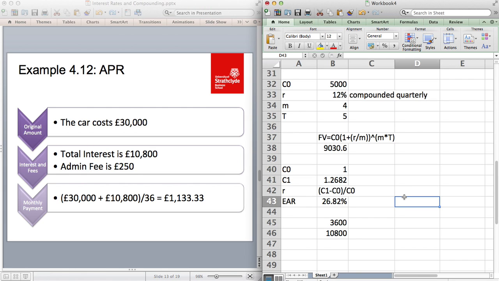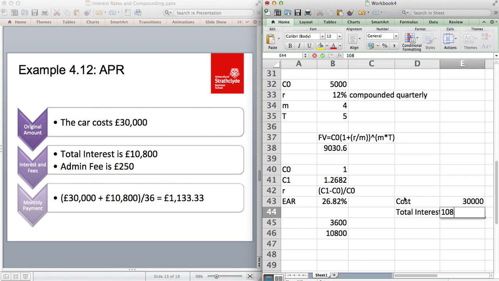The initial car cost is equal to 30,000. Total interest is equal to 10,800. We calculated that. The admin fee is equal to 250.